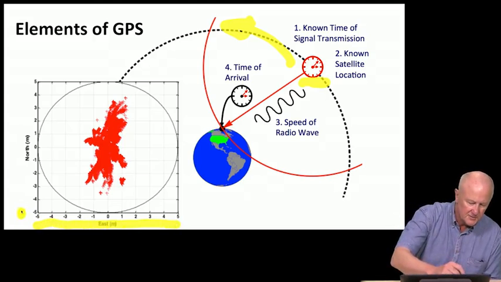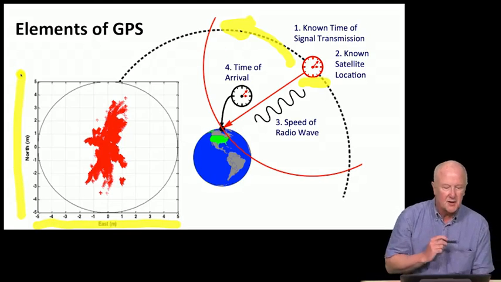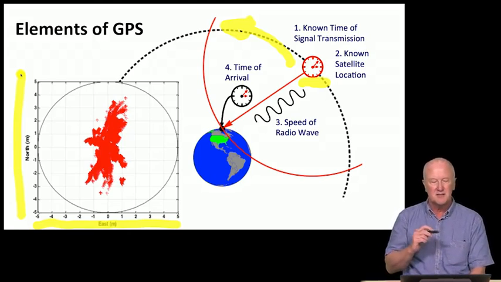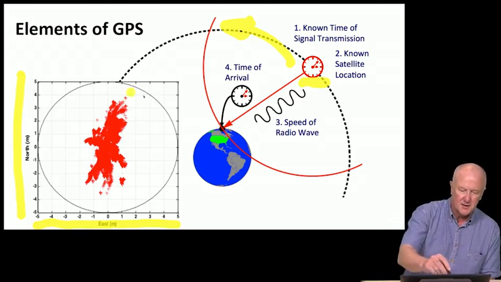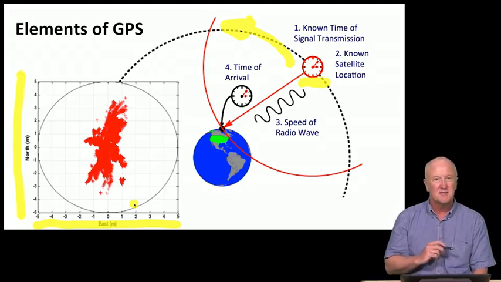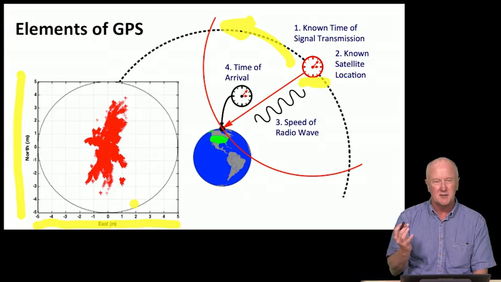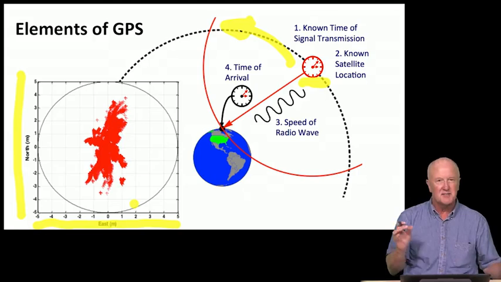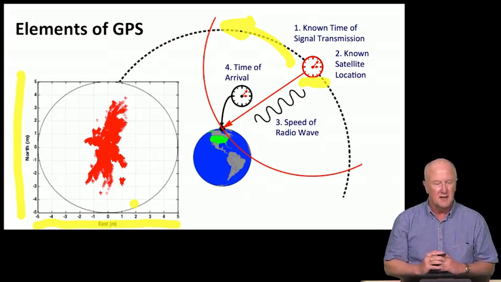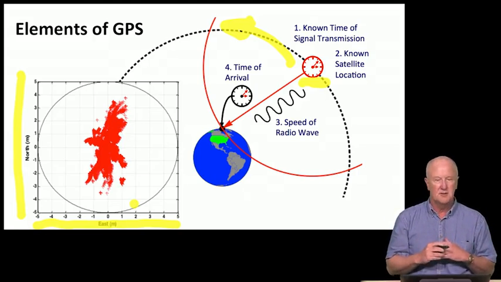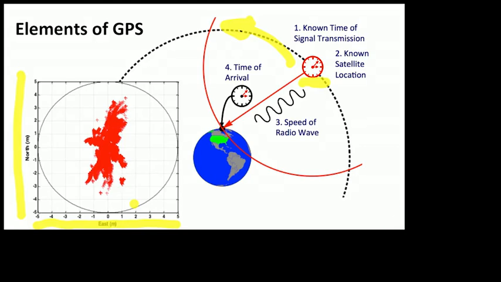And if you look at the vertical axis, that's also plus or minus 5 meters. So this circle drawn here is a circle with radius equal to 5, and the entire scatter resides inside of there. And that's the nominal, typical performance of GPS in the so-called standalone mode.